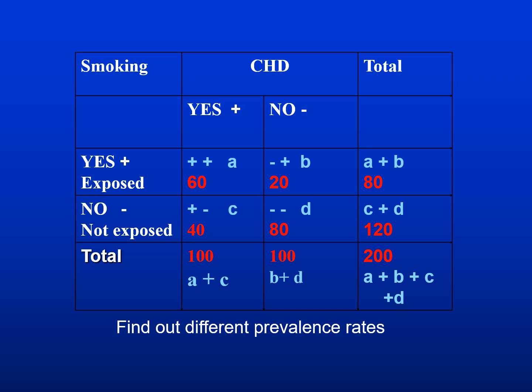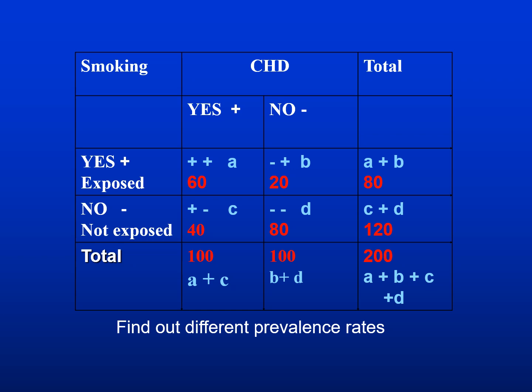My two rows: the first row is all those who are exposed to smoking, and in the second row I have those who are not exposed to smoking. As for the columns, I have a yes column for all cases of chronic heart disease, and another column for those who do not have chronic heart disease. So my four groups are going to be 60 and 20, 40 and 80.